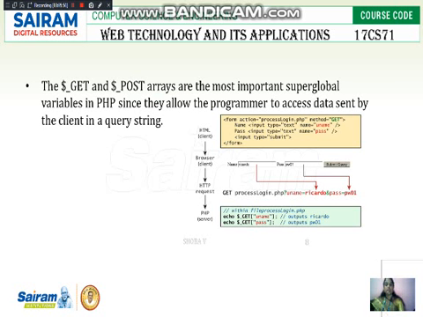So here there is a client, that is HTML. These are actually the most important super global variables in PHP, since they allow the programmer to access data sent by the client in a query string. So how can we send information through a query string?